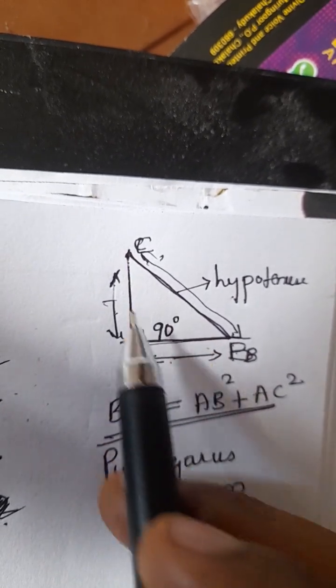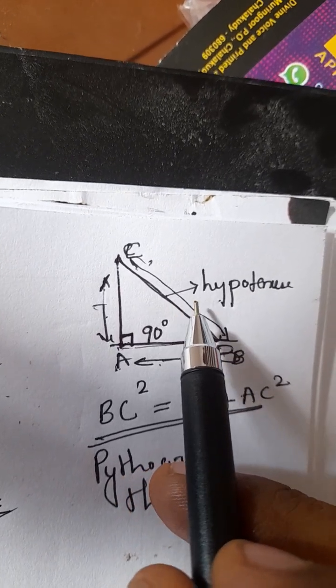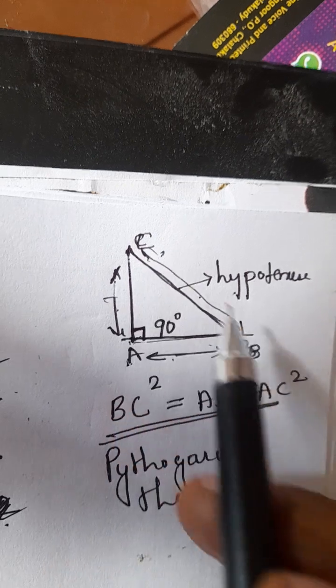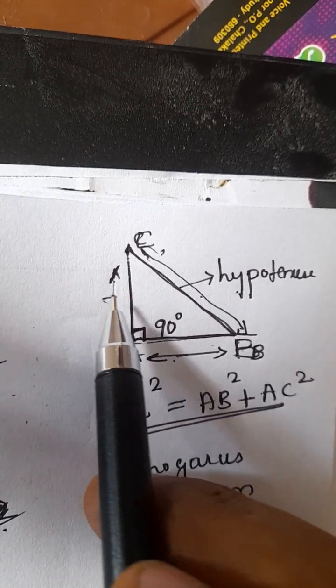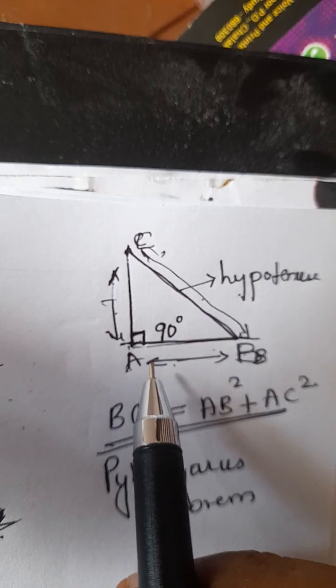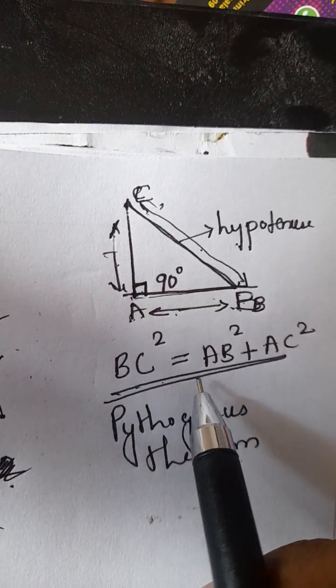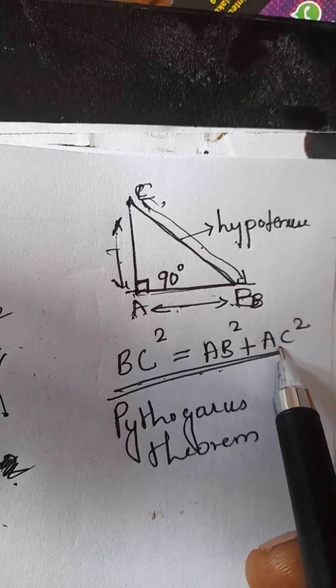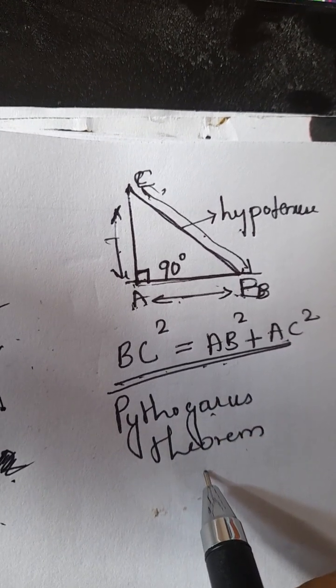So these are the opposite sides. What does the Pythagoras theorem say? The square on the hypotenuse, that is BC square, is equal to the sum of the squares on the other sides. That is, BC square is equal to AB square plus AC square. This is the exact definition of the Pythagoras theorem.